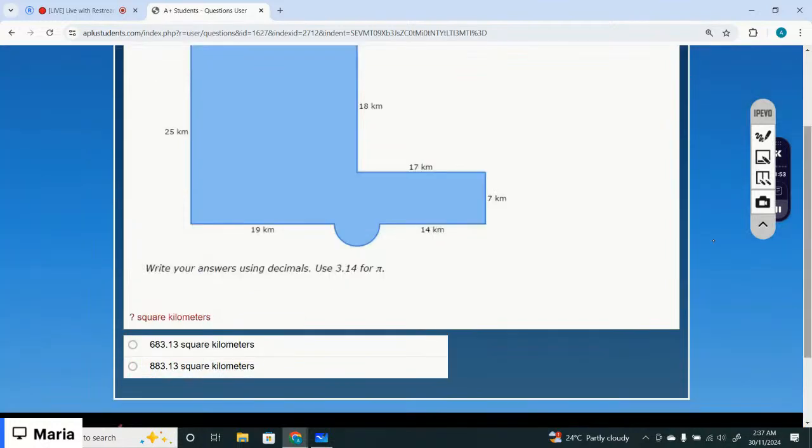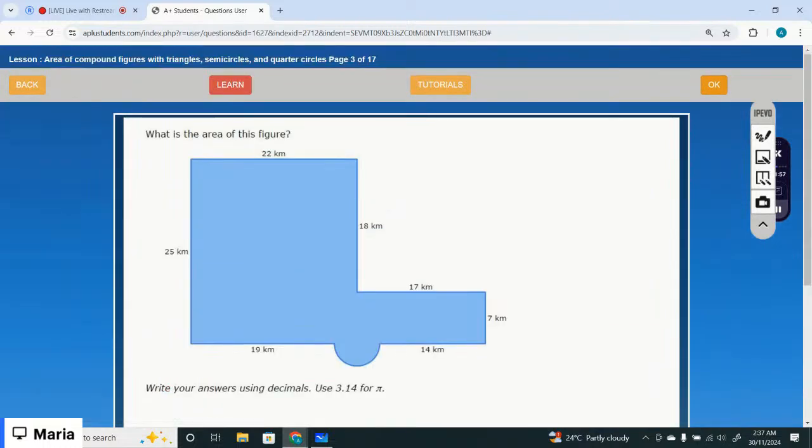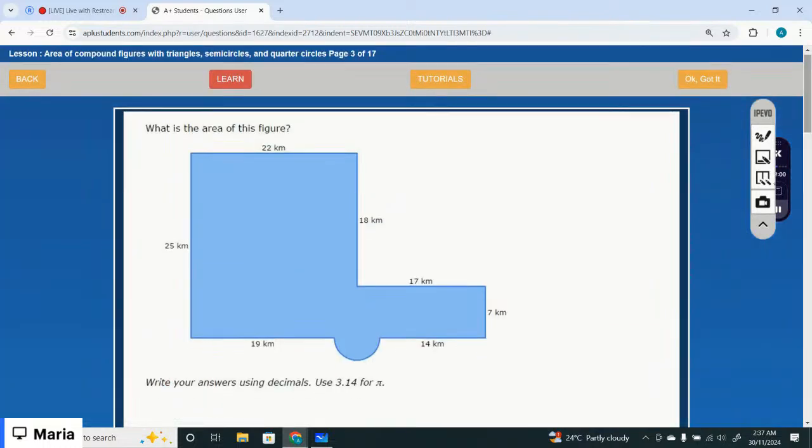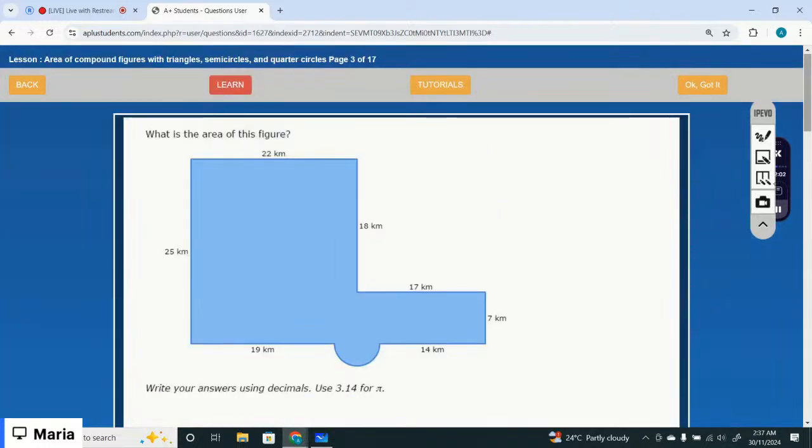So the correct option is 883.13 kilometers. Option number 2 is the correct option. I'm just guessing the answer. Oh, that is 683.13.